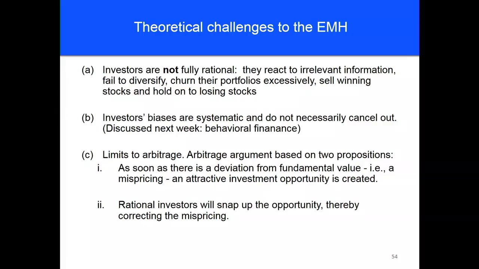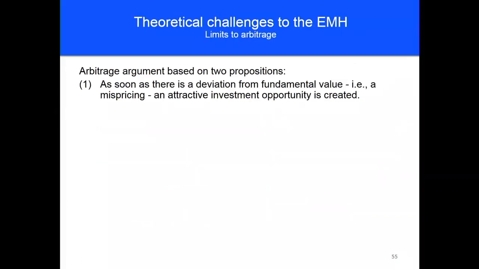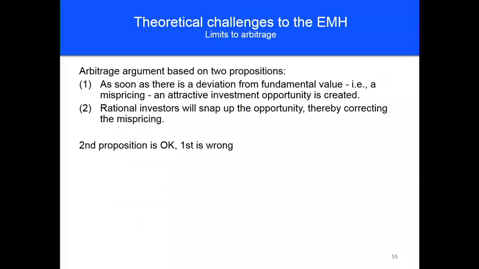So Shiller says the first proposition is right. If there is an attractive investment opportunity, once there's a deviation, rational investors will pounce. What's not true is that every time there's a deviation from fundamental value, an attractive investment opportunity is created. He's saying a deviation from fundamental value doesn't mean there is an attractive investment opportunity.